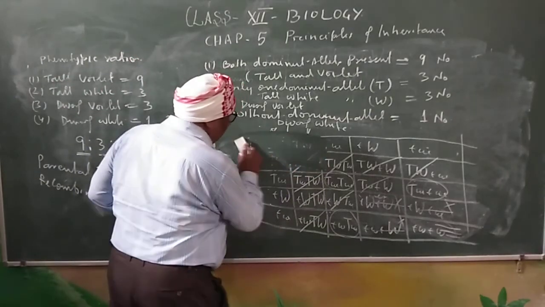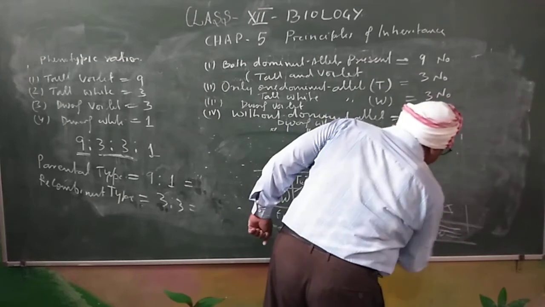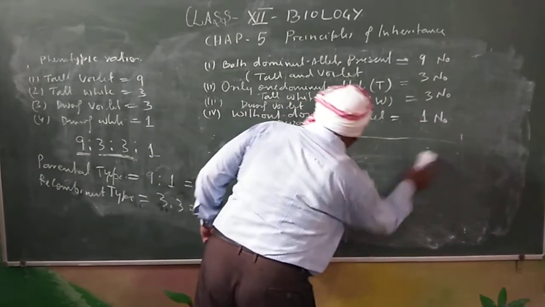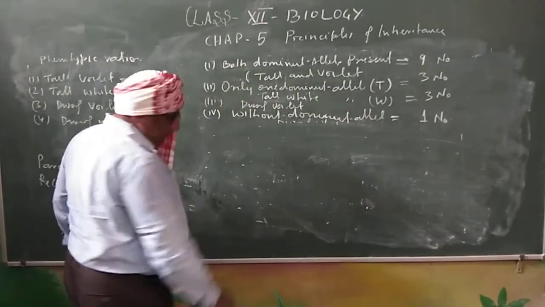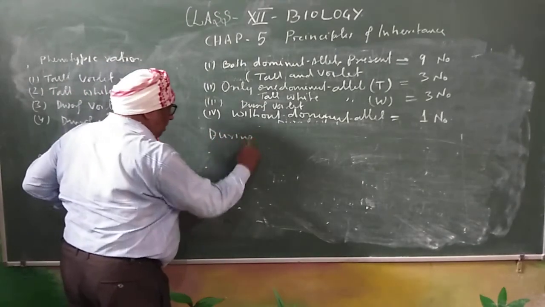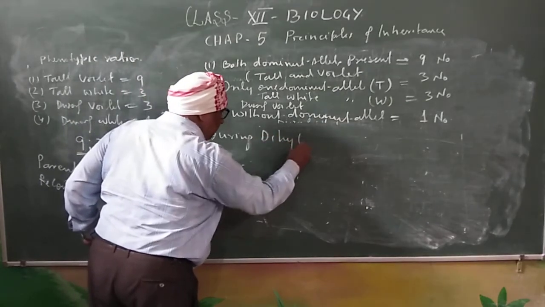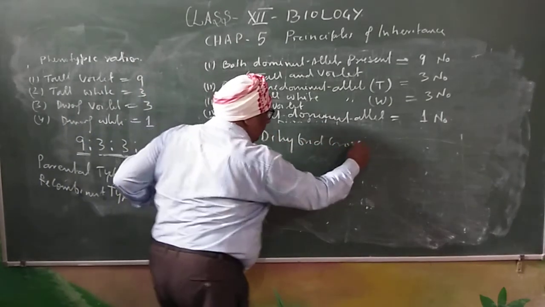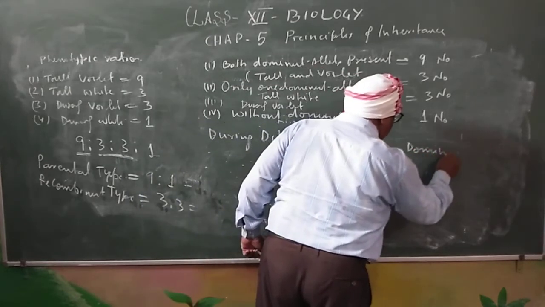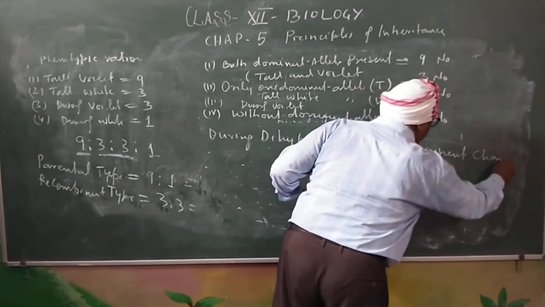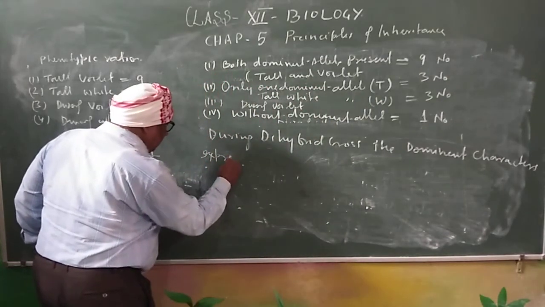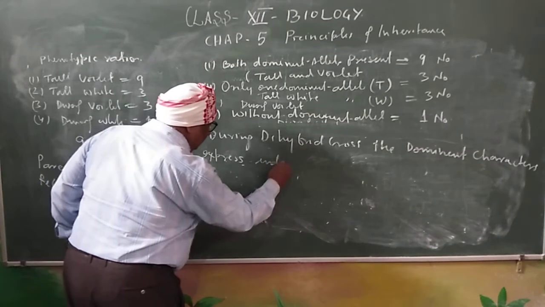Now, just we will go how the law of independent assortment is represented. Now, just we see here law of independent assortment. During dihybrid cross, the dominant characters express independently.